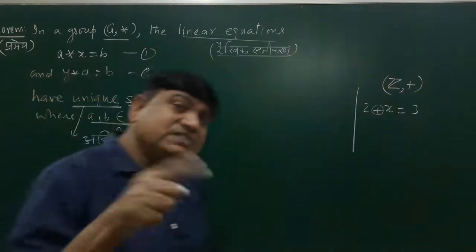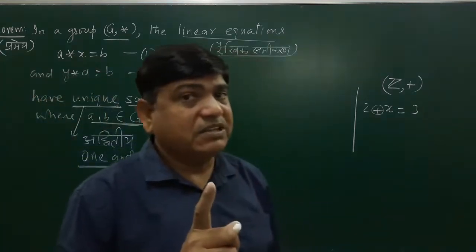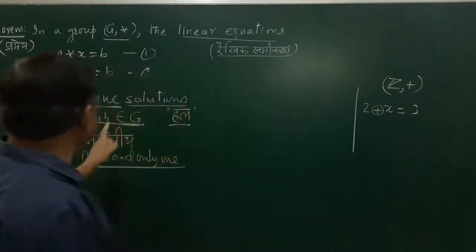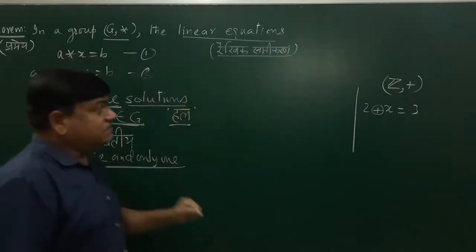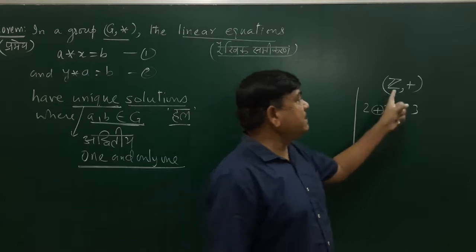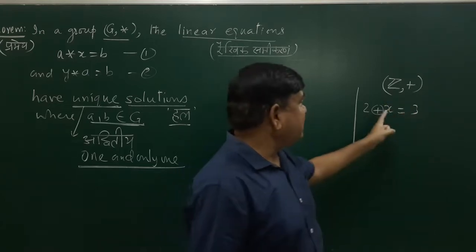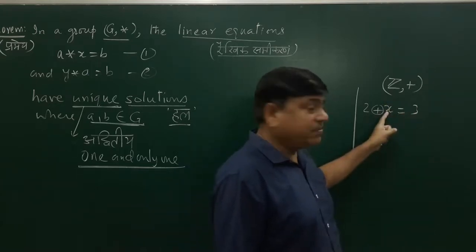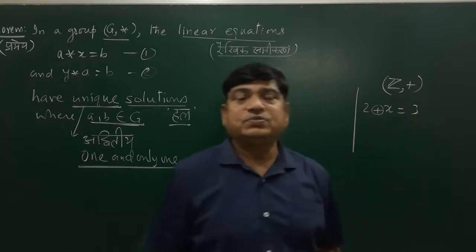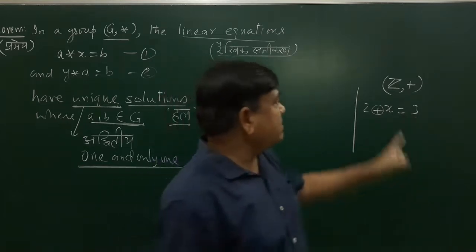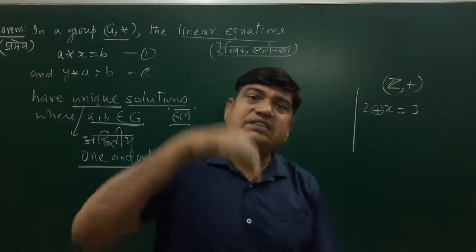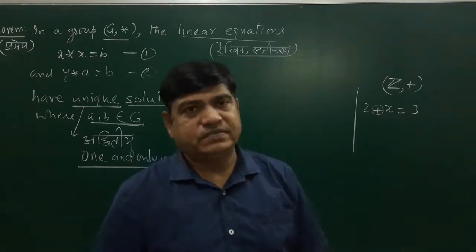Then whatever answer is obtained, जो भी आपको आंसर मिलता है वो वापस किस में जाना चाहिए? G में जाना चाहिए. In the similar manner, the answer must be in Z, and you know that the x you obtain is 3 minus 2, that is 1, and 1 is a member of Z, and 1 is the only answer.